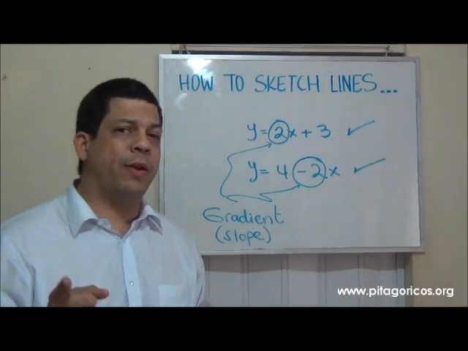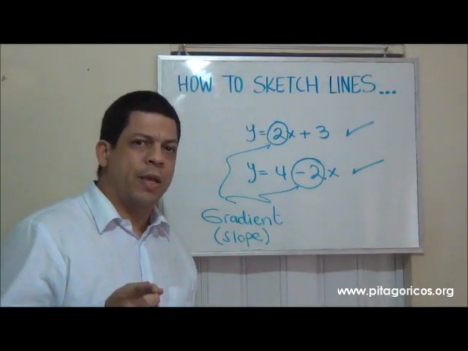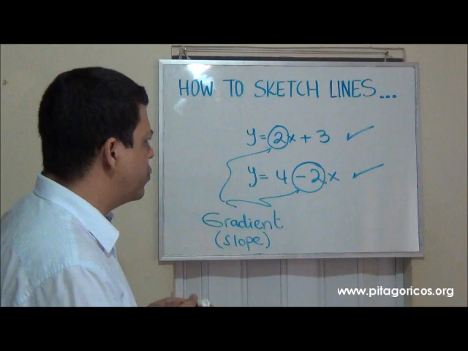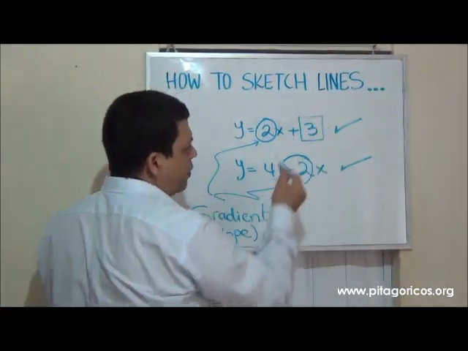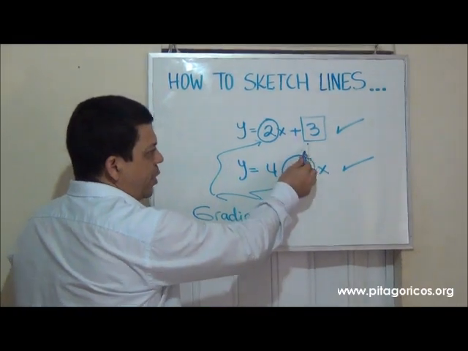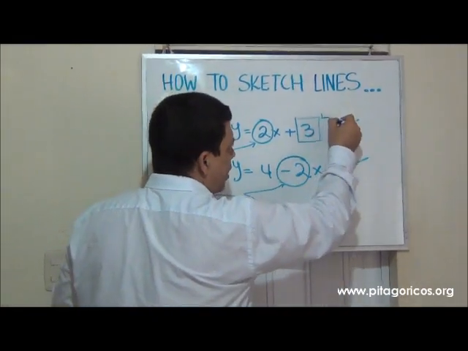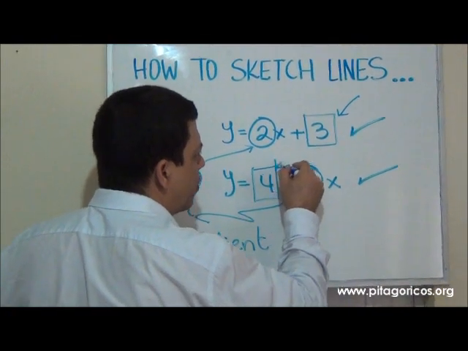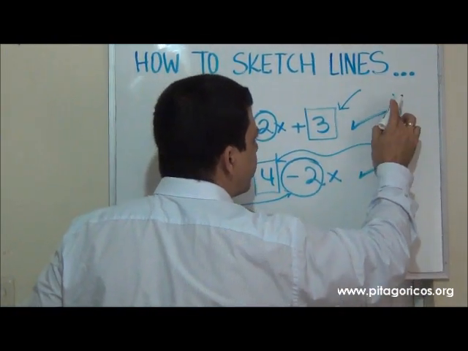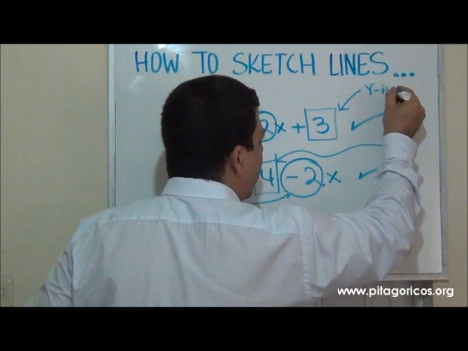The other important value when having an equation like this is the y-intercept. It's the other number, the one that I am squaring here. For example, here this 3, or here this 4. Both are what we call the y-intercept.